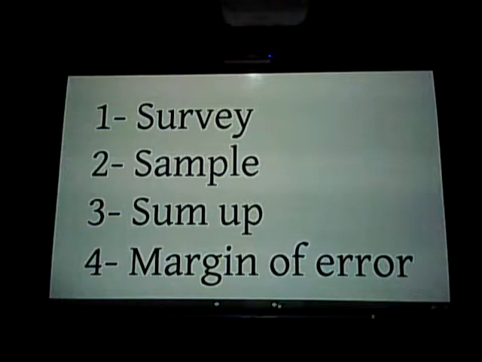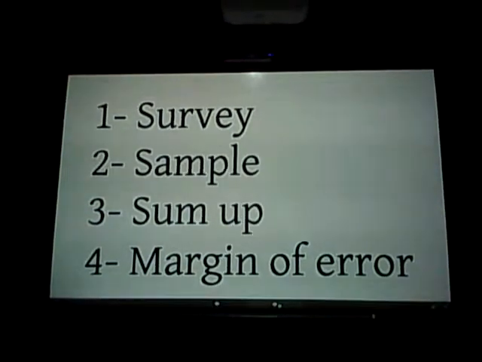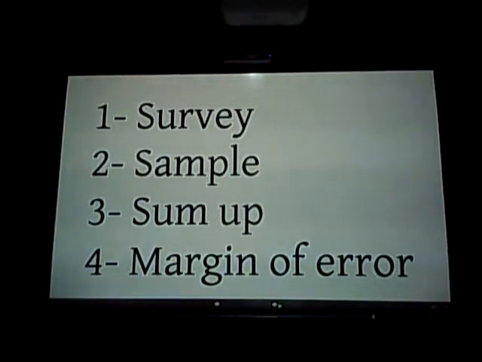is the sample step. And at this step, once you've figured out who you're going to be asking questions to, what group you're interested in, you randomly call people in that group.